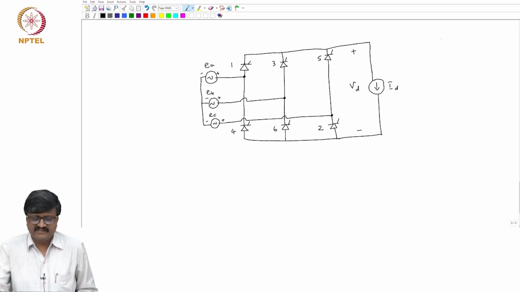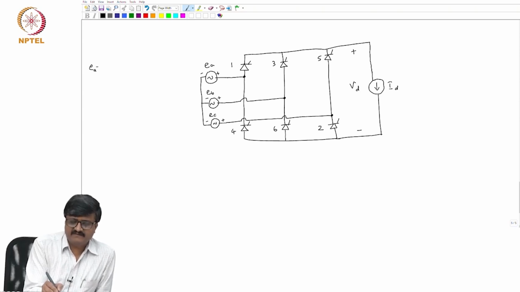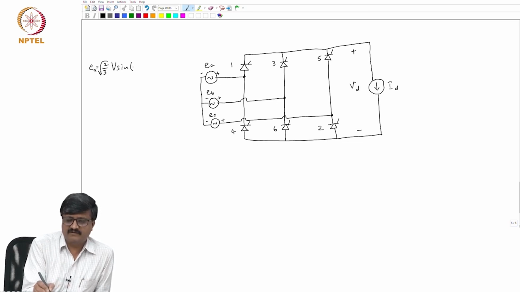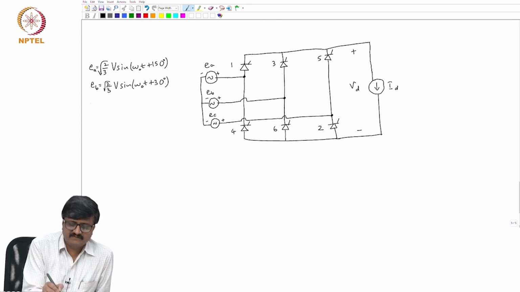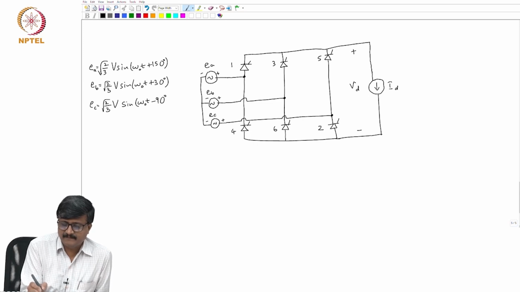We have expressions for EA, EB, EC. EA is root 2 by 3 V sin(omega OT plus 150 degrees). EB is root 2 by 3 V sin(omega OT plus 30 degrees), and EC is root 2 by 3 V sin(omega OT minus 90 degrees).